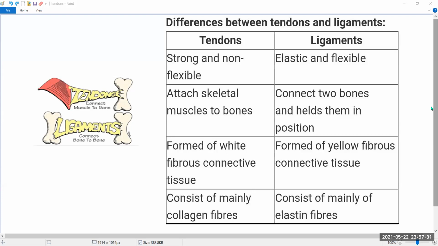They are formed of white fibrous connective tissue and consist mainly of collagen fibers, whereas ligaments are highly elastic and flexible. They connect two bones and hold them in position. They are formed of yellow fibrous connective tissue and consist mainly of elastin fibers.